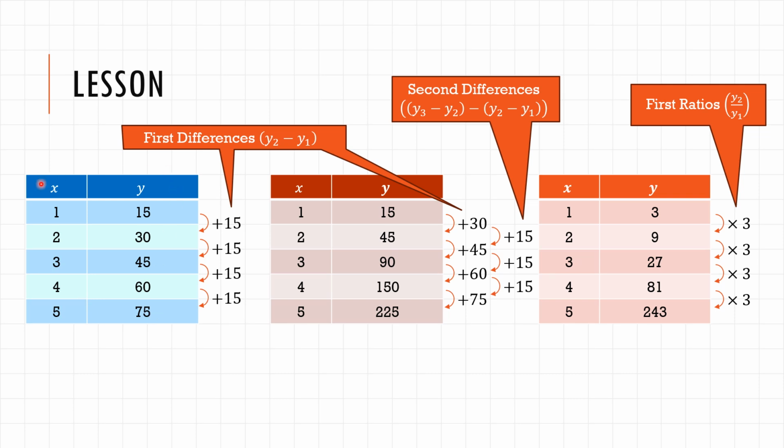For linear equations, you may know these already. An equation might look like something like this, where you have 15 times x. 15 is the number that it goes up every single time that x increases by 1. In a quadratic relationship, it may look something like this, 15 times x squared. In fact, the word quadratic comes from the Latin word quadratum, which means square.